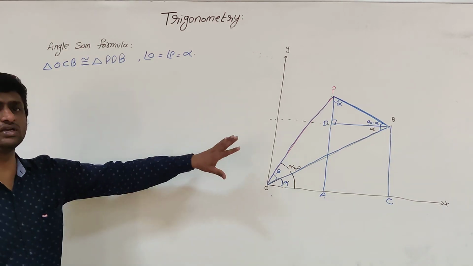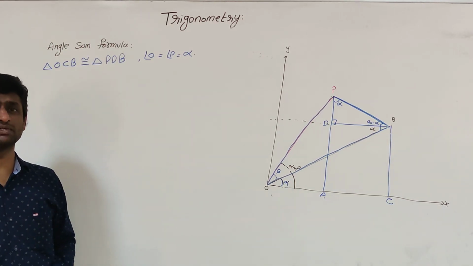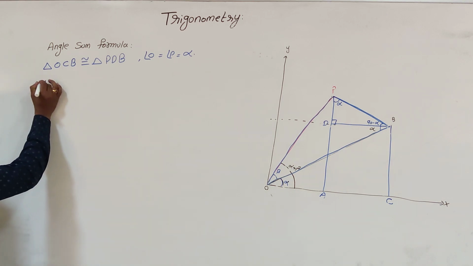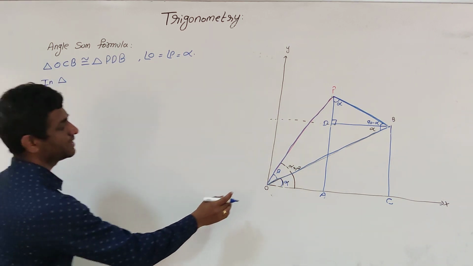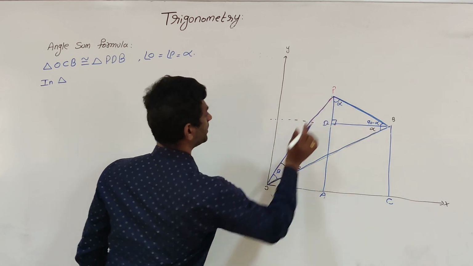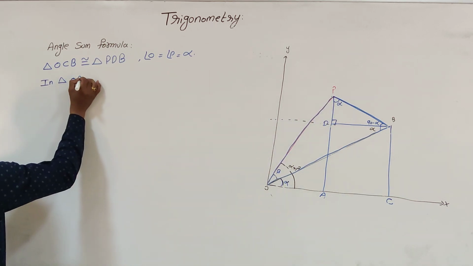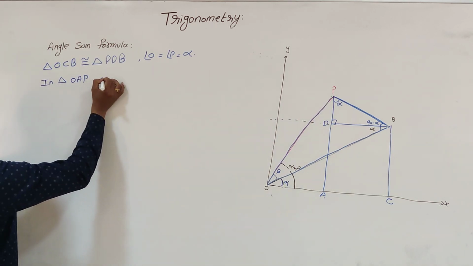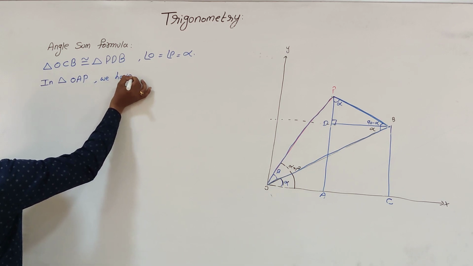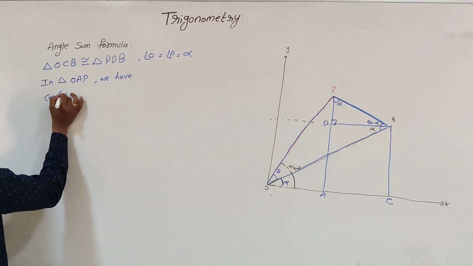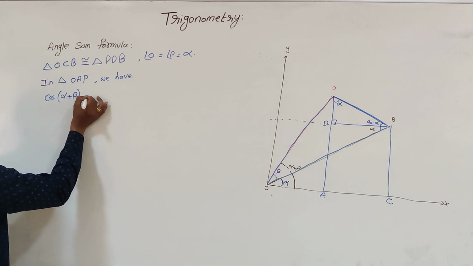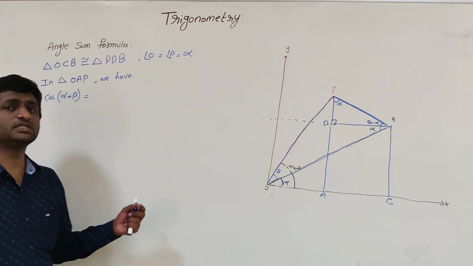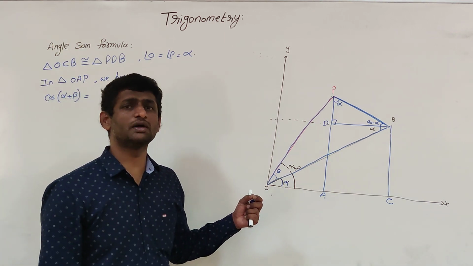Now from the same figure we'll see what will be cos of alpha plus beta. Means in triangle OAP we have cos of alpha plus beta. What is cos of alpha plus beta? It is the adjacent side of alpha plus beta by hypotenuse.